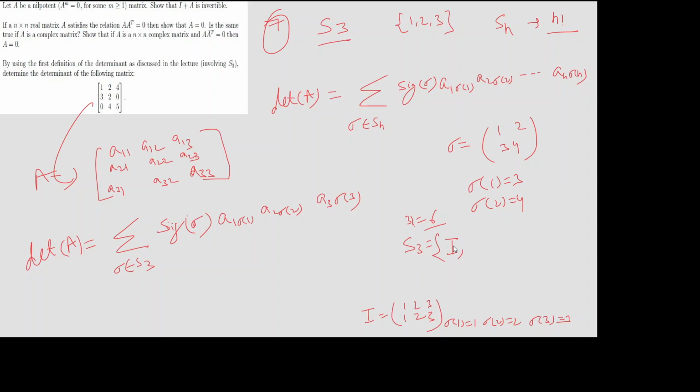So we have 1, 2, 3 mapped to 1, 2, 3, and then 1, 2, 3 mapped to 1, 3, 2, and then 2, 1, 3, and then 3, 2, 1.